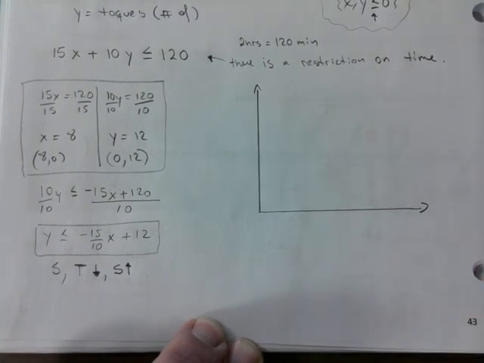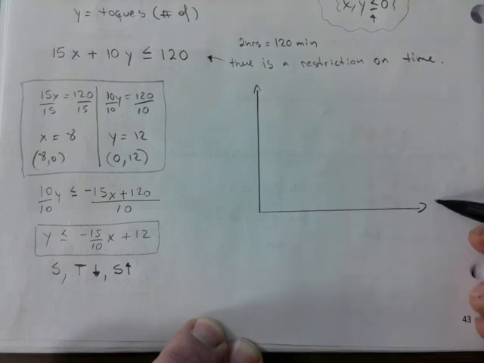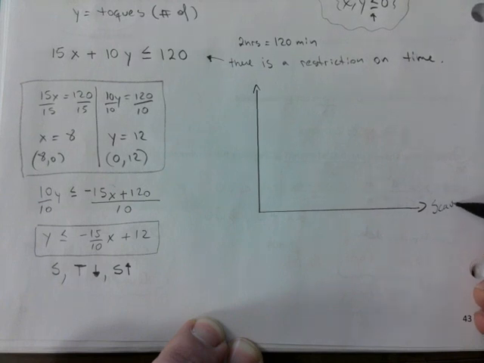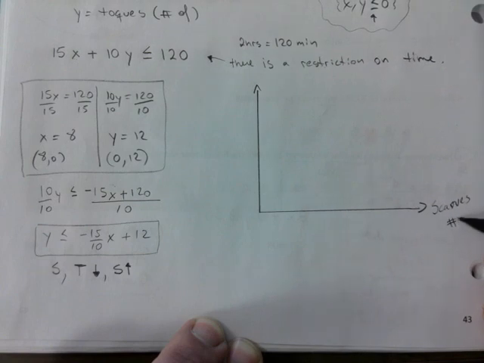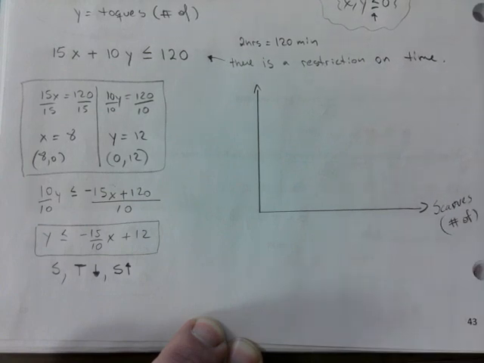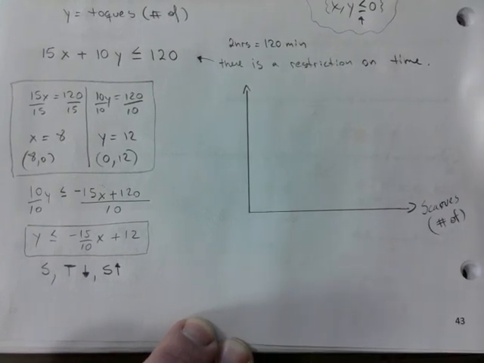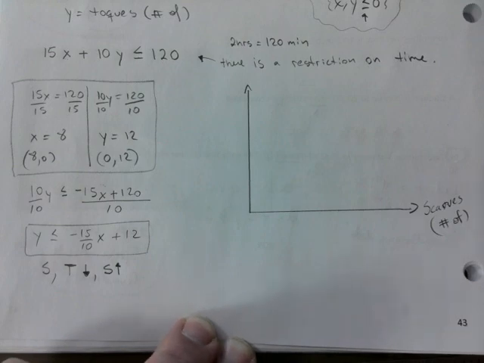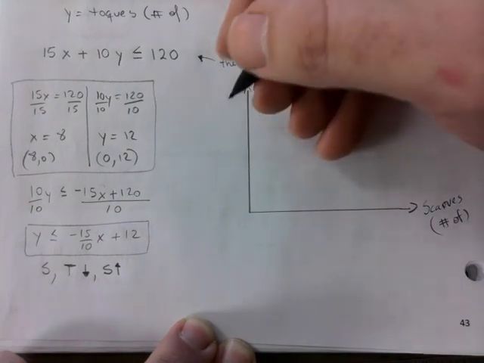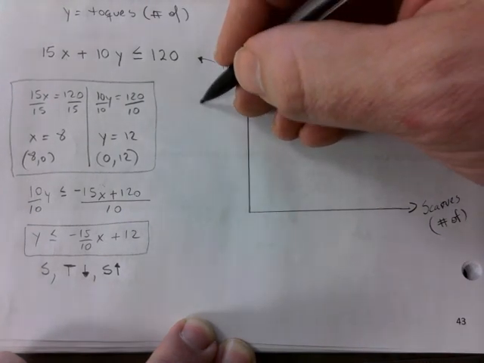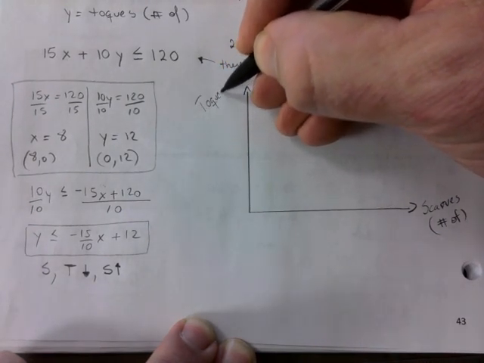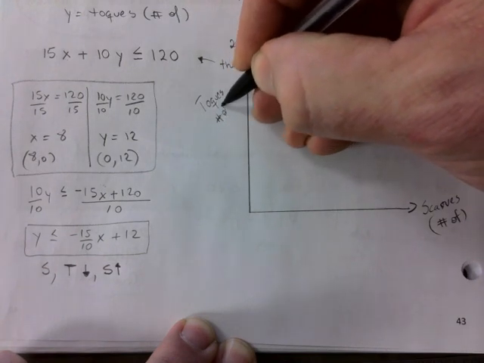So this is no longer x and y. This would be scarves, number of. It won't always be number of; sometimes it might be liters, like fuel in liters. And then this would be toques, number of.